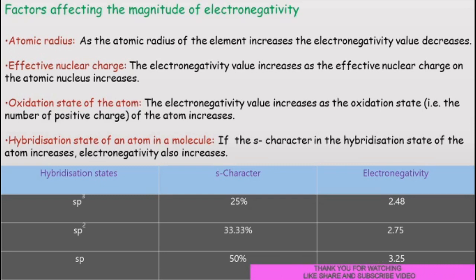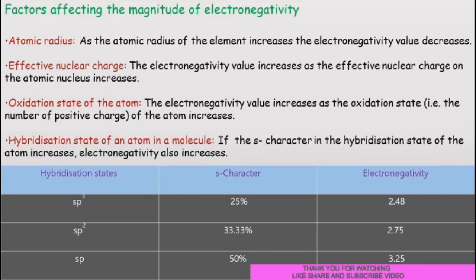Here are some examples of hybridization states: sp3, sp2 and sp. sp3 has 25% s character and its electronegativity is 2.48. sp2 has 33.33% s character and electronegativity 2.75, and sp has 50% s character and electronegativity 3.25, which is the highest electronegativity.